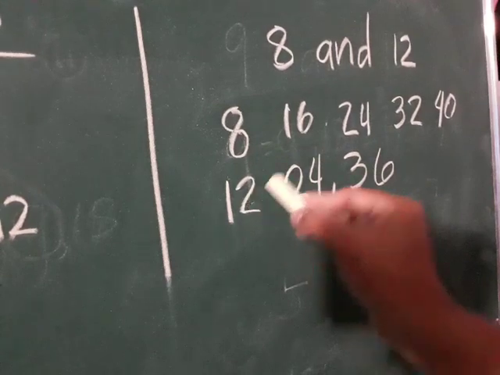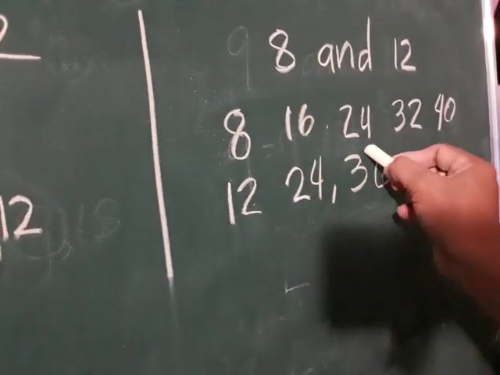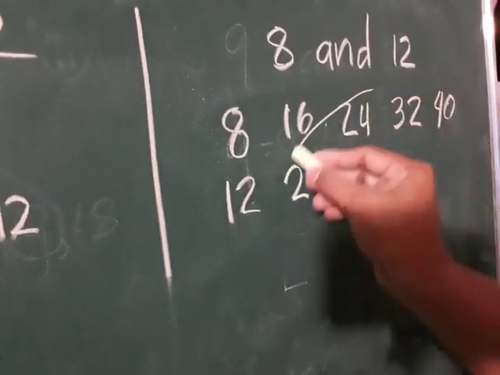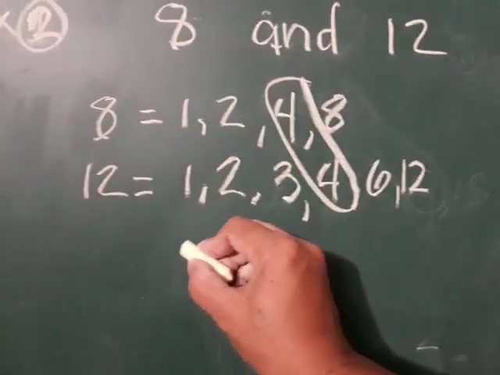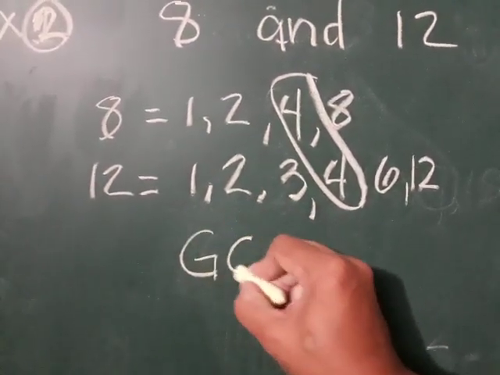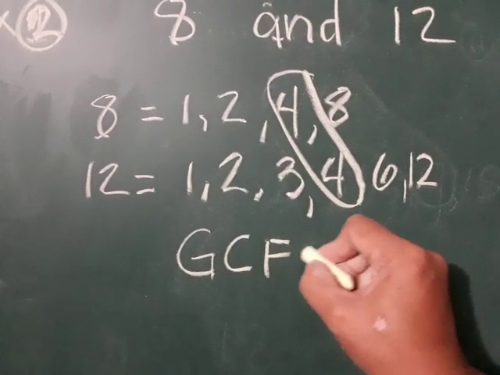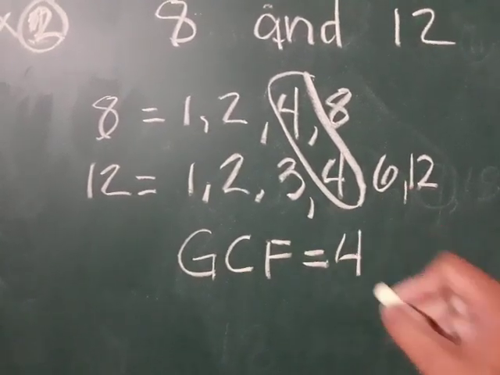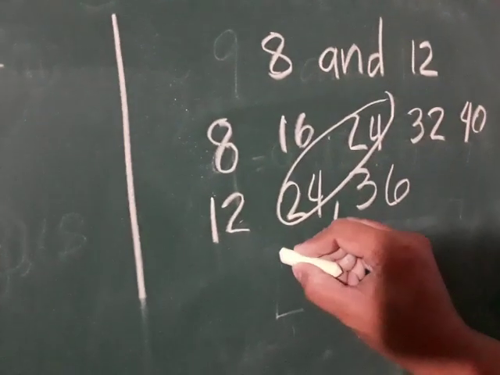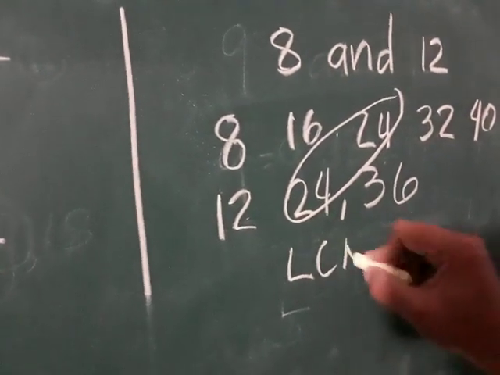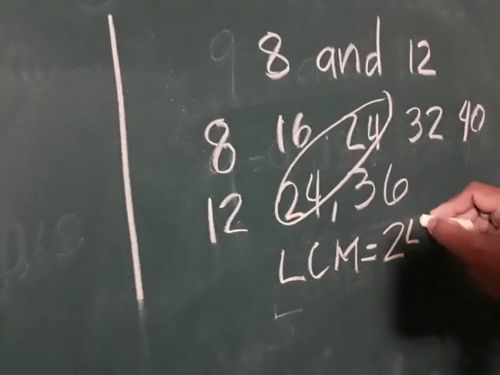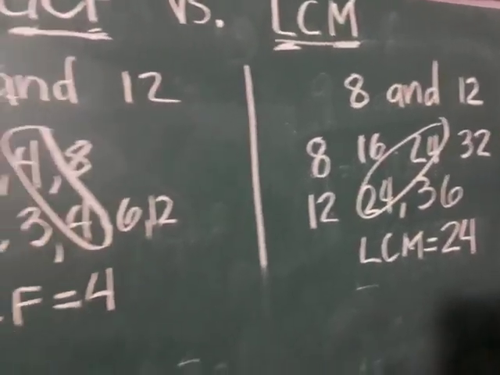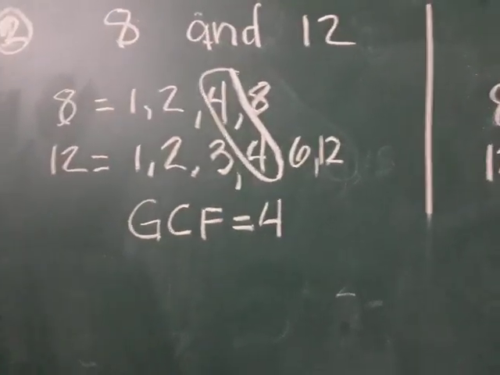Okay, so their common multiple is, of course, 24. So our GCF here is equal to 4, and our LCM is equal to 24.